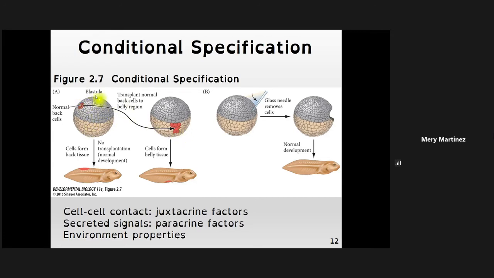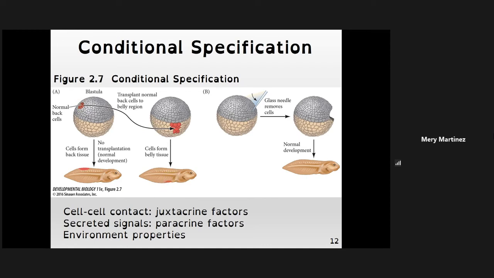This is the animal pole, this is the vegetal pole, and these cells simply became what they were supposed to based on the environment that they were now in, right? So they became cells of the belly tissue. So in either case, these ones didn't miss anything, and when they were replaced into the other embryo, because it's a transplantation, then this embryo didn't have any part that was supposed to be forming if they were remaining here, but it became a belly section.